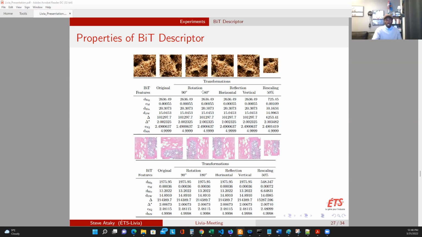So we have rotations, reflection, and rescaling. If we observe this table, we can see that the value, for example, of Margalef is the same regardless of the transformations, but it's not the same, for example, for rescaling. So for rescaling, it fails. And we have others here.